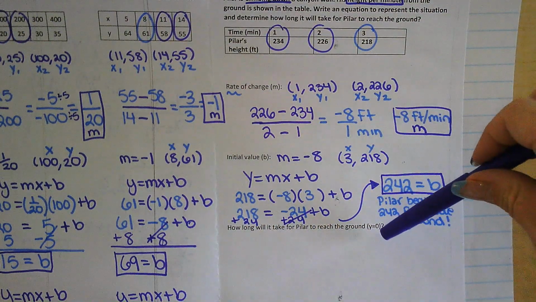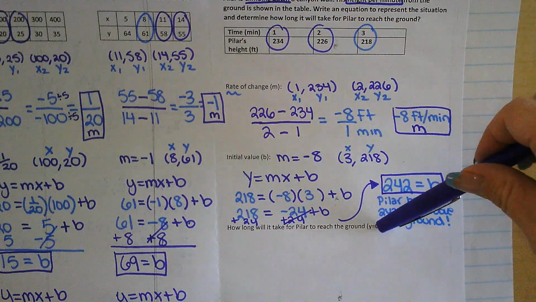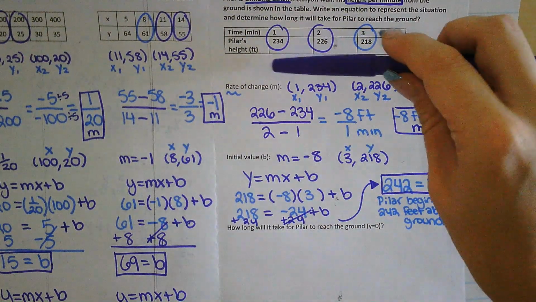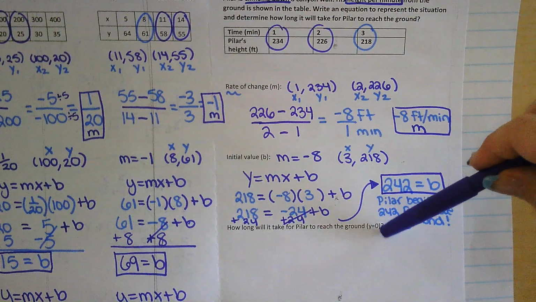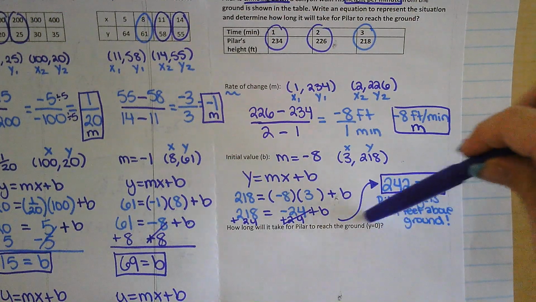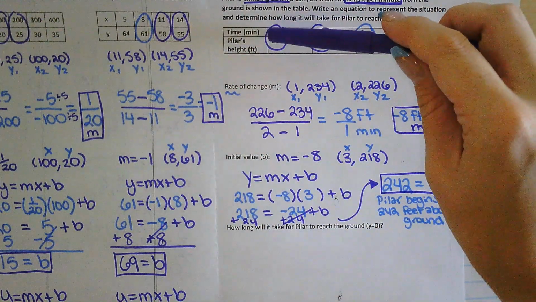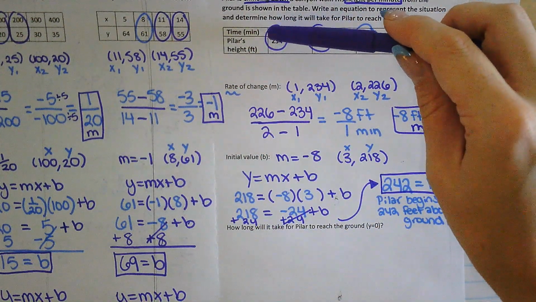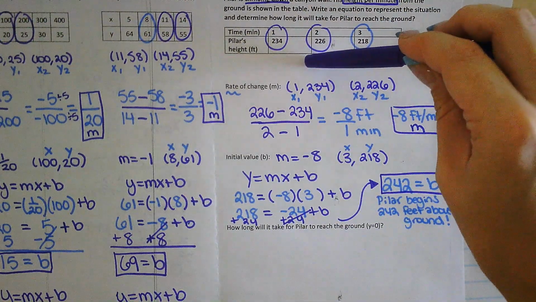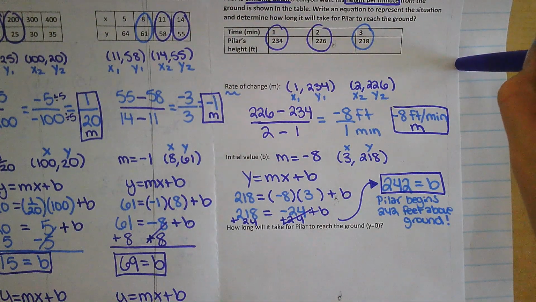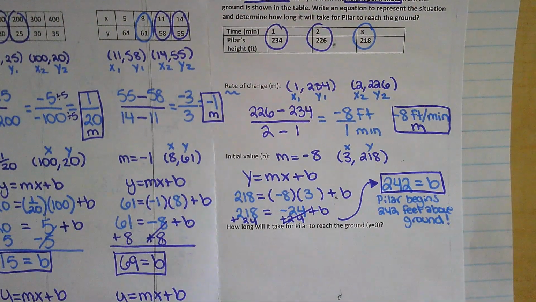And if Pilar's on the ground, there is no value for the height, right? He would be at 0 feet above the ground. So we want to find out what is the value of x, how long does it take Pilar to get to the ground, to get for these numbers to reach 0. Okay? And we can use an equation to do that.